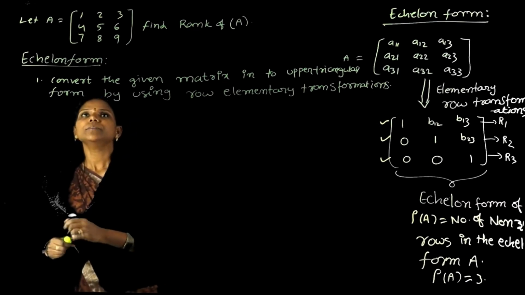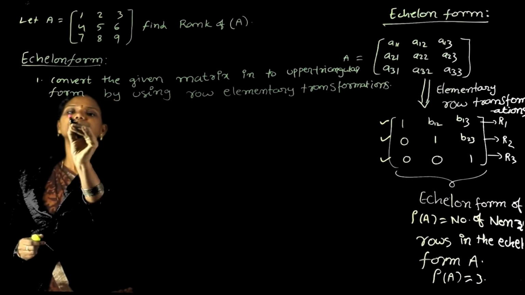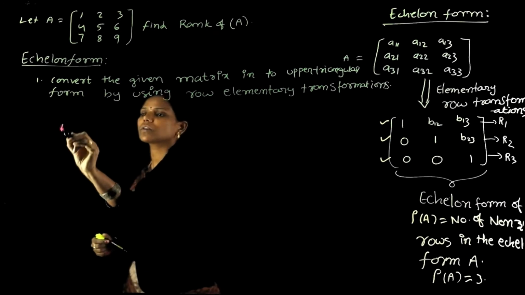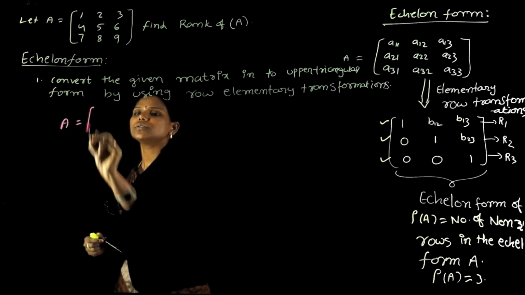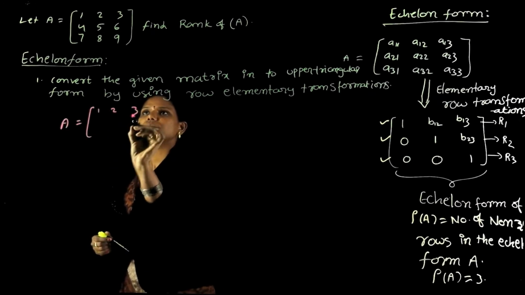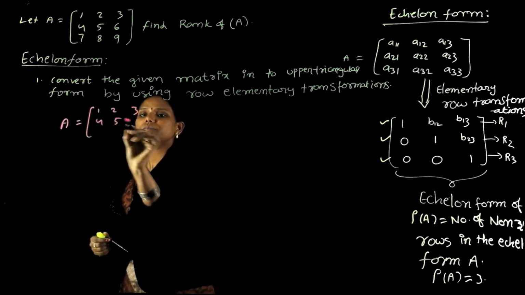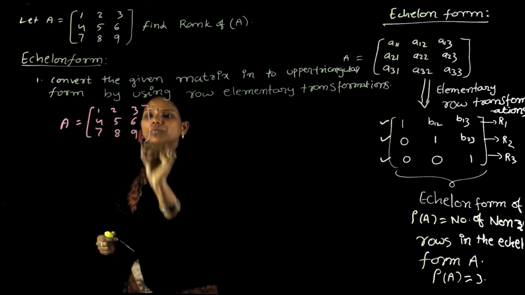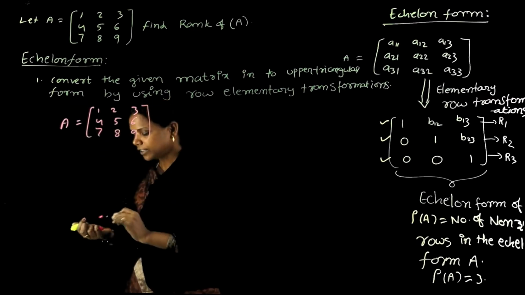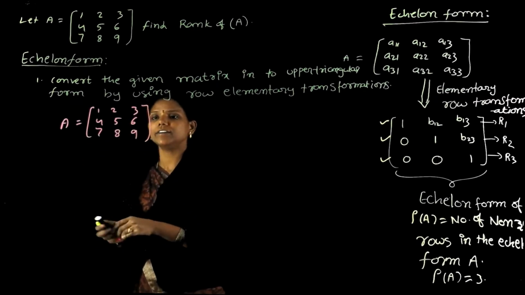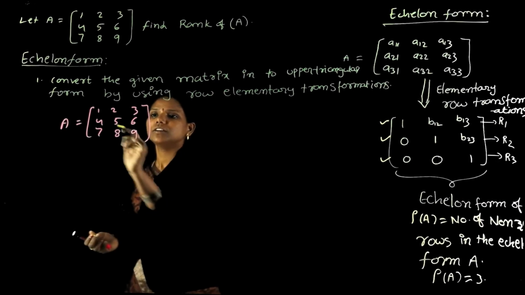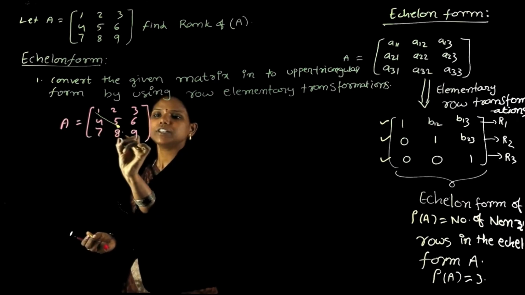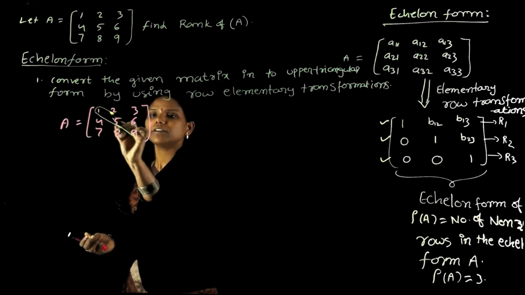Okay. See what is the given matrix here? A equals 1, 2, 3, 4, 5, 6, 7, 8, 9. Now, very first we mark the principal diagonal in this matrix. This is the principal diagonal for this matrix.